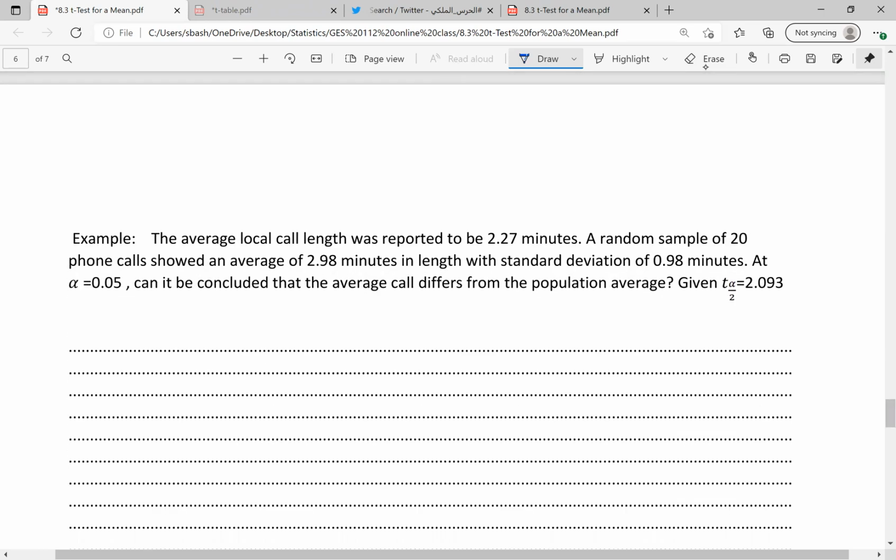The average local call length was reported to be 2.27 minutes. So this is the population mean, which is equal to 2.27. A random sample of 20, this is n, equal to 20, shows an average of 2.98.